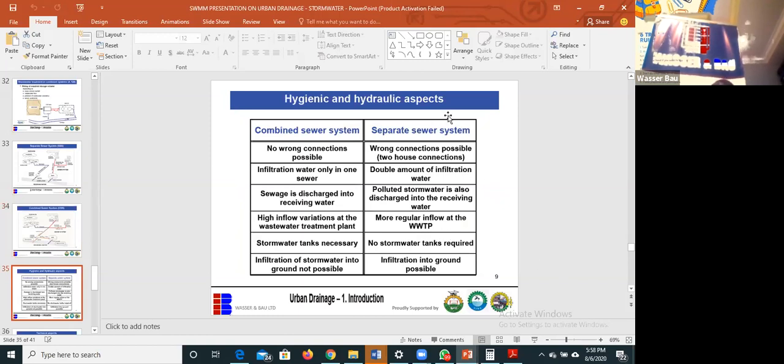So what is the difference between a separate sewer and a combined sewer? You can see in a combined sewer, you say wrong connections possible. Remember what happened in, is it Queen's College some time ago? Somebody went and connected their sewer line to their water line, and the girls were drinking bad water.